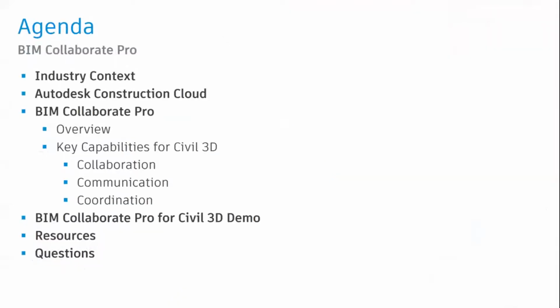So my presentation includes the industry context, Autodesk Construction Cloud, BIM Collaborate Pro, its overview and its key capabilities for Civil 3D. So this includes collaboration, communication, and coordination. And I will also be showing to you or giving you a video demo of BIM Collaborate Pro for Civil 3D.